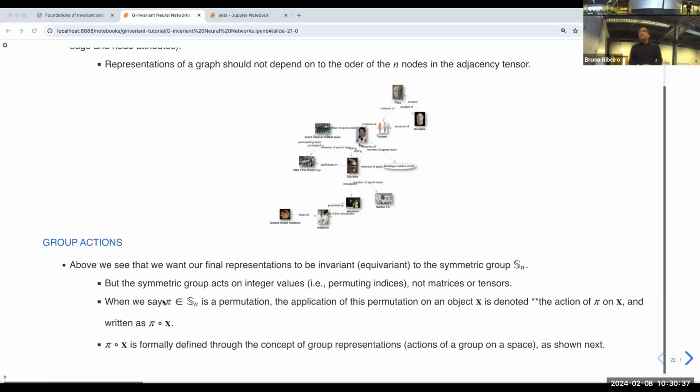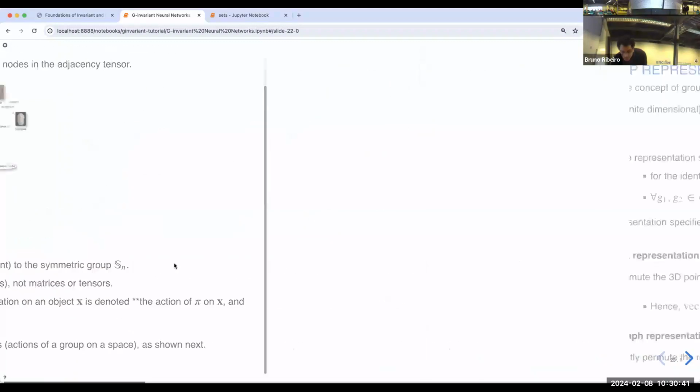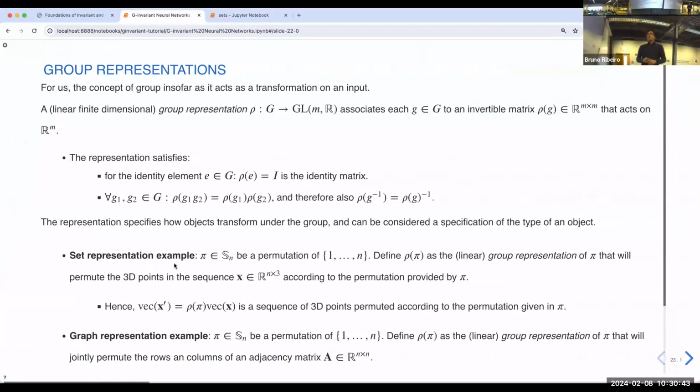So let's describe group representation formally, okay? And now I'm going to introduce a special type of group, which is the generalized linear group.